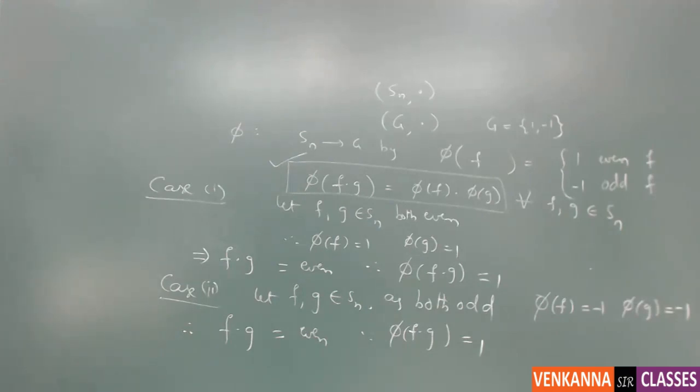So can you verify the third case? You take f as even and g as odd, and check that the condition gets satisfied by phi. Phi of fg is equal to phi of f dot phi of g. Please check on that.